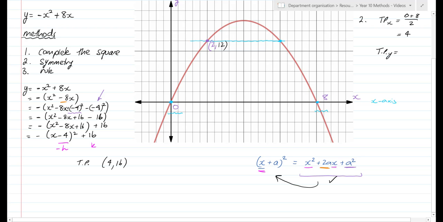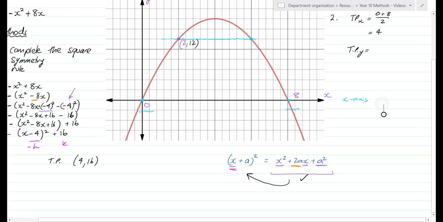I'm just going to scoot sideways to get this in. It comes from this negative x squared plus 8x, but in this case I put in my 4: negative 4 squared plus 8 times 4, and that's equal to 16. And so therefore my turning point in total is 4, 16. As required, same answer as earlier.